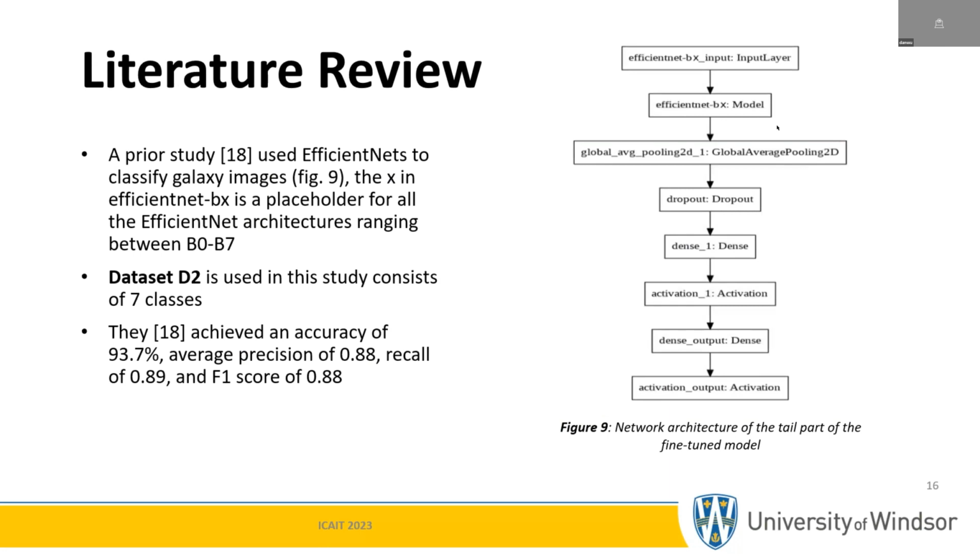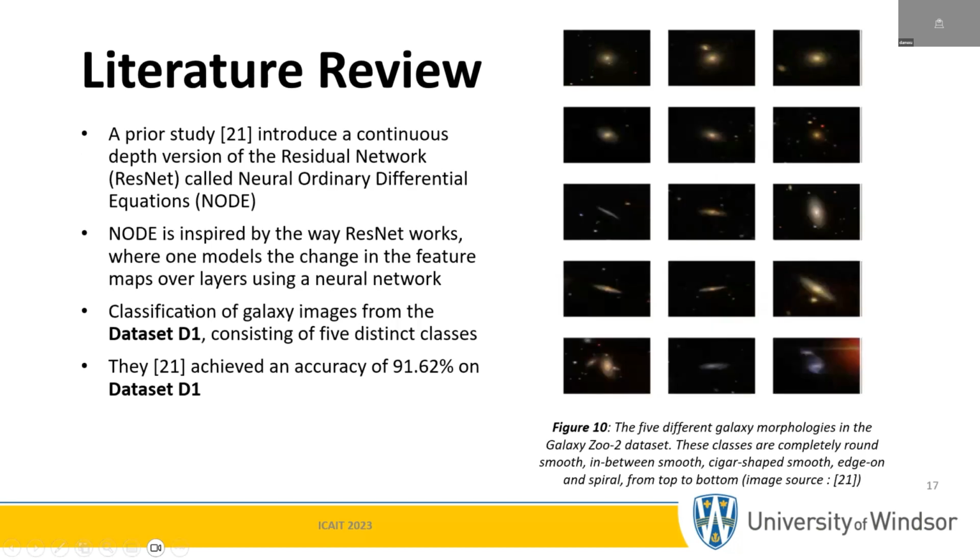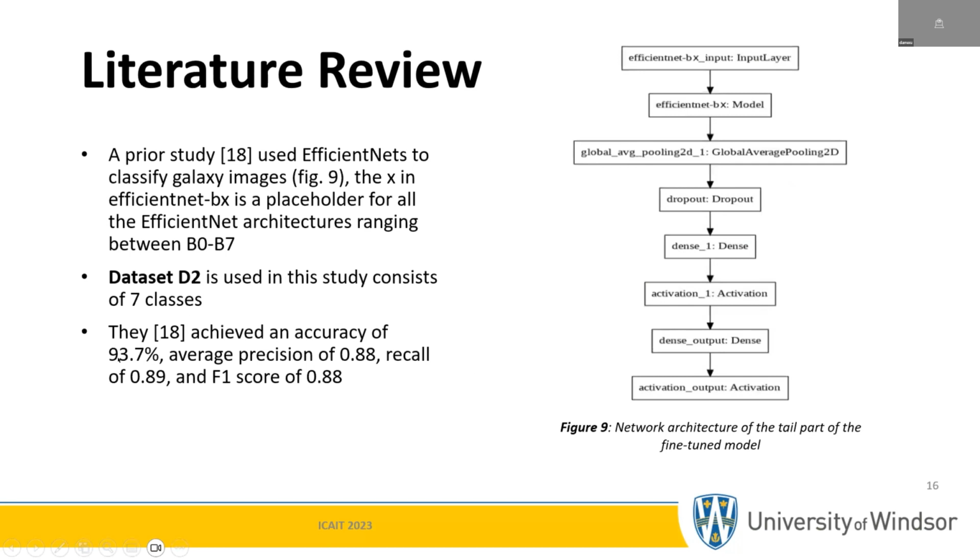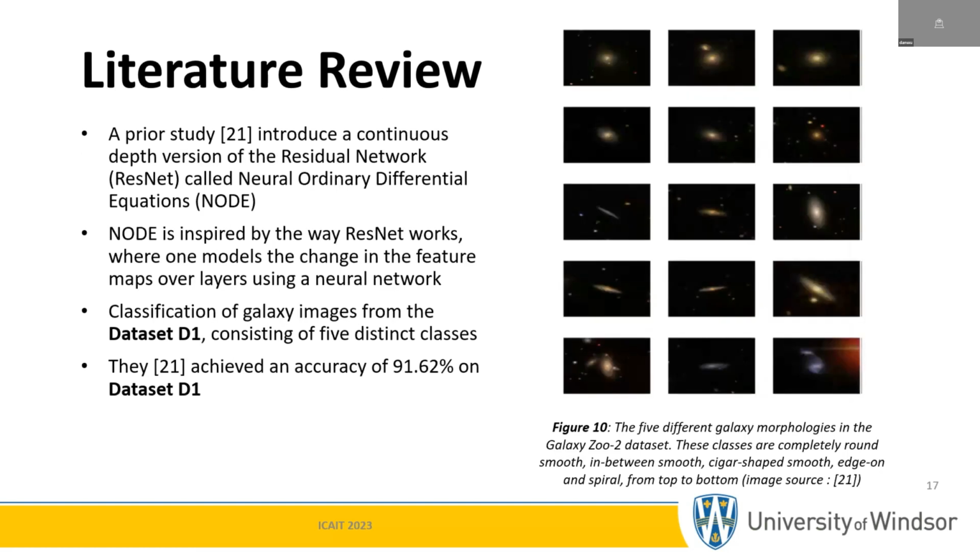People have done work, not exactly on the same data set, but on this topic of using machine learning or deep learning to help classify galaxy images. As you can see, different techniques are used. In this research paper, they used D2 and achieved certain metrics. We don't have to remember those because I will show a table to summarize all this. As deep learning techniques improve, people try new ones to see how they perform compared to previous ones.